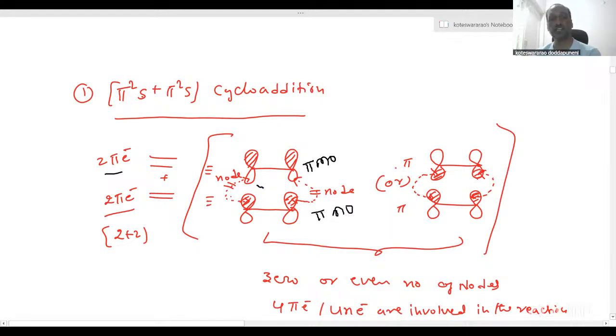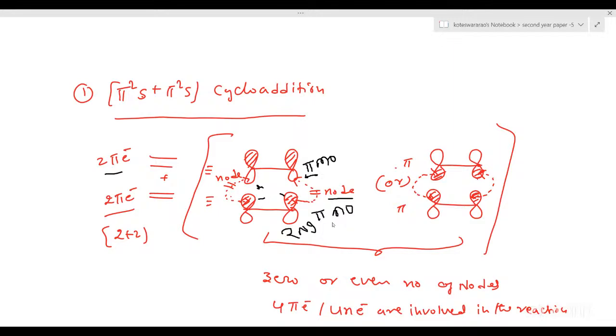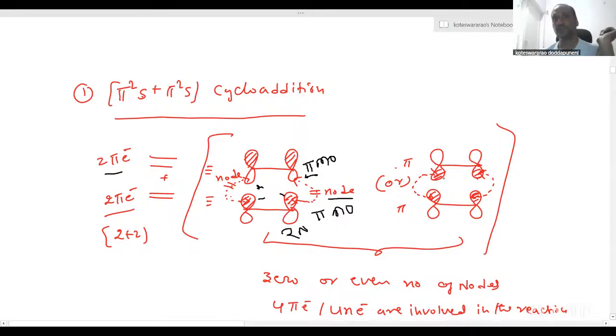This lobe overlaps with this lobe, and the second lobe of the first pi system interacts with the topmost lobe of the second pi system. This interaction leads to one node, therefore it has two nodes.